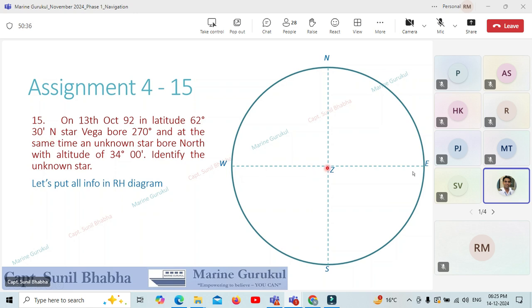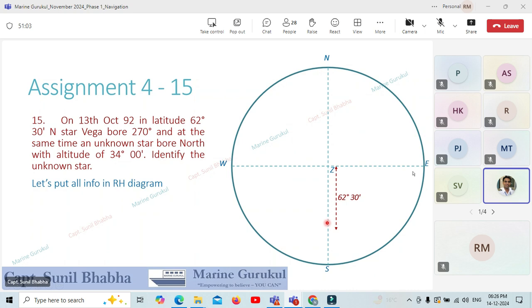So it tells us that the zenith will be north of the equinoctial or the Q point. Or in other words, the Q point would be south of the zenith. And we know that the arc ZQ represents the latitude of the observer, and in our case this is 62 degrees 30 minutes.